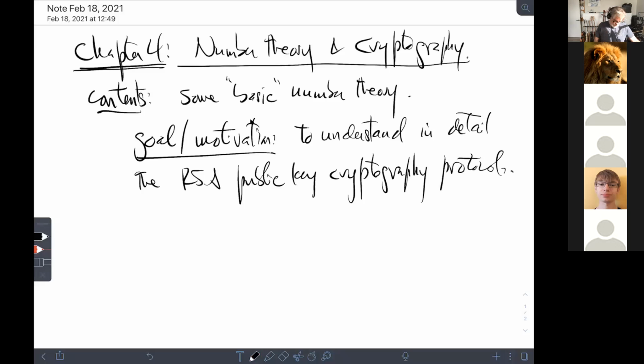I'll get back to that. The cryptography part I will do in a couple of weeks separately, once we've built up all the number theory we need to do the protocol.